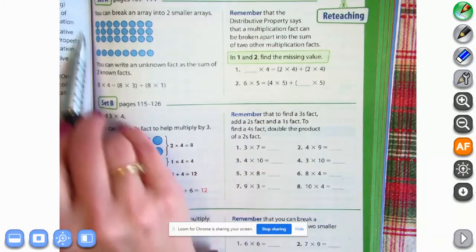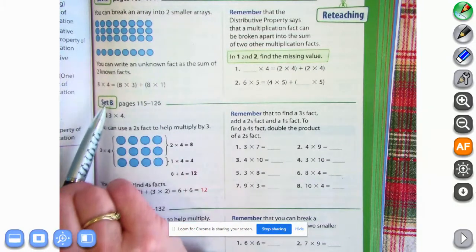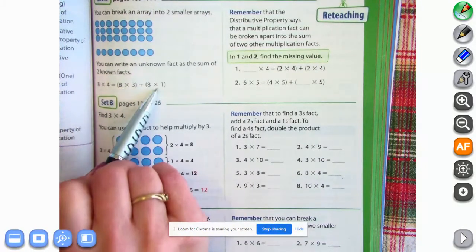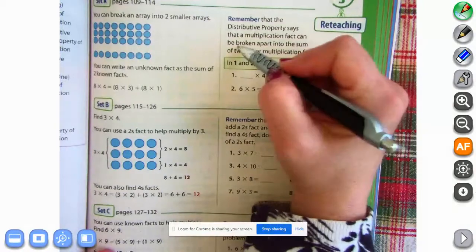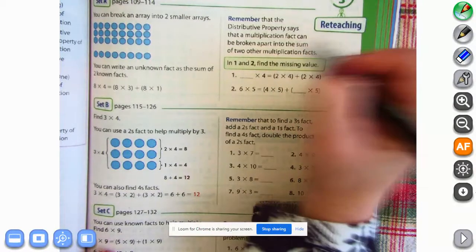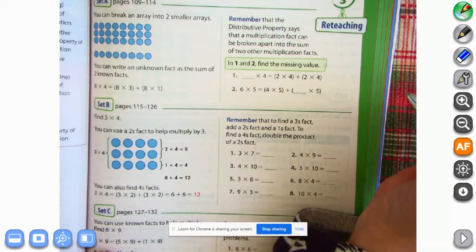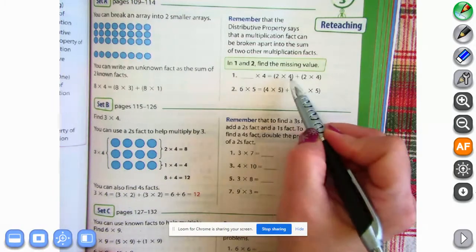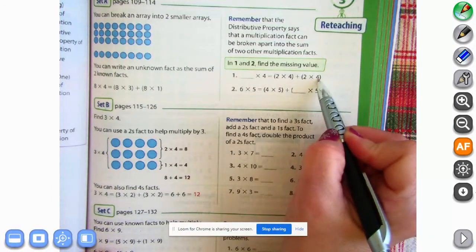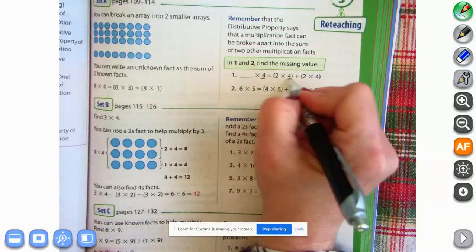So we may not know what 4 times 8 is, but we can break up the 8 times 3 plus the 8 times 1. Remember that the distributive property says that a multiplication fact can be broken apart or broken down into the sum of 2 other multiplication facts. All right, so we're going to find the missing value. If this is 2 times 4 and this is 2 times 4, the same, the same.